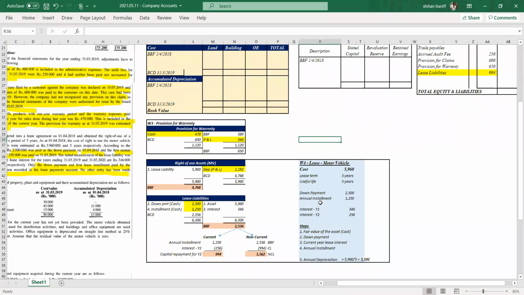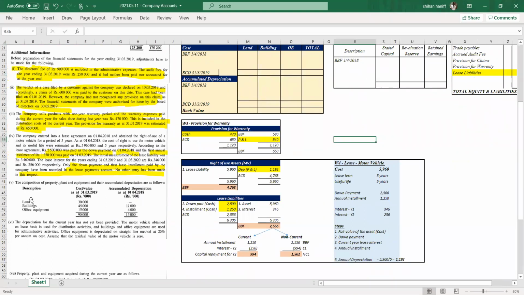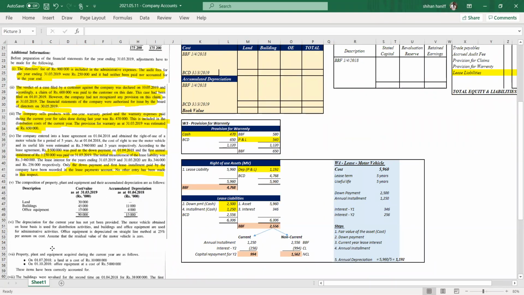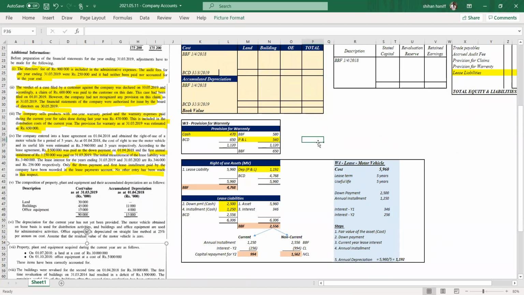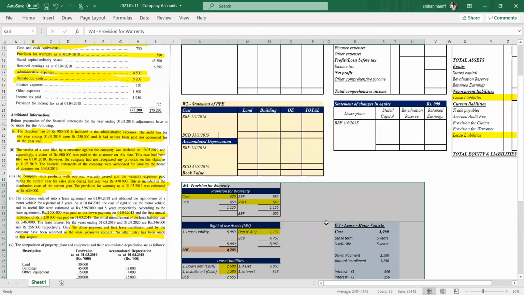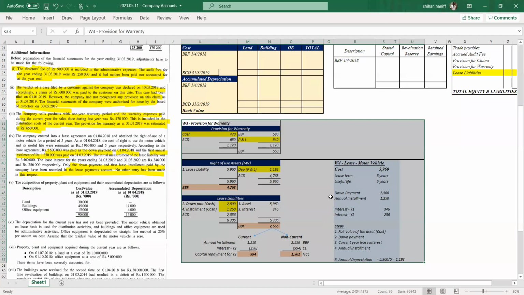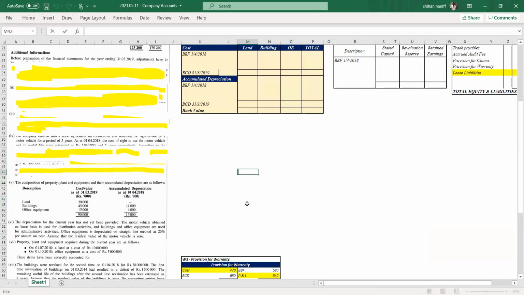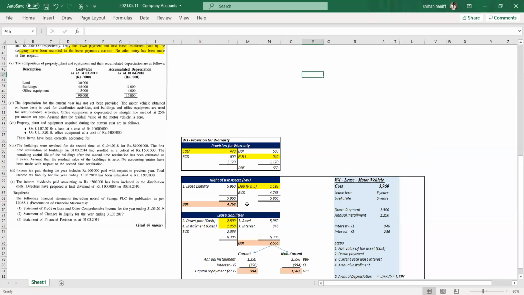Let's move on to the next adjustment, which is depreciation. Working number 5.